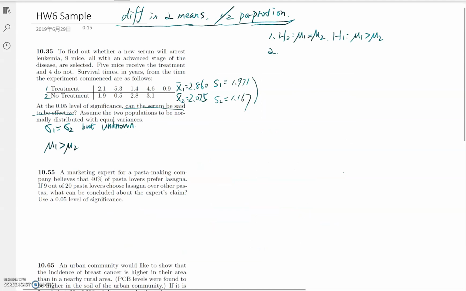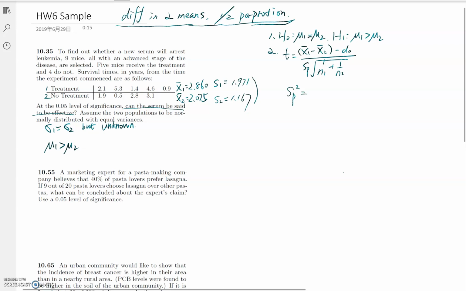So T equals x1 bar minus x2 bar minus D0, over Sp times the square root of 1 over n1 plus 1 over n2.